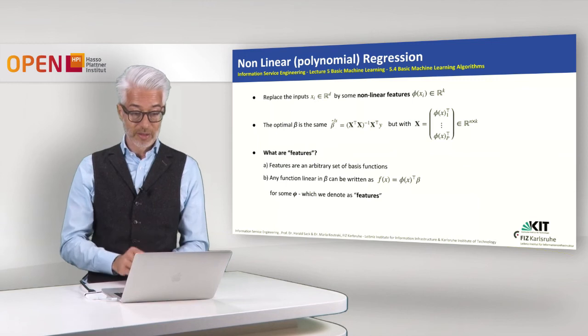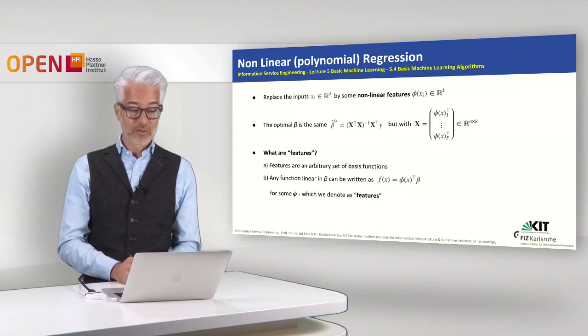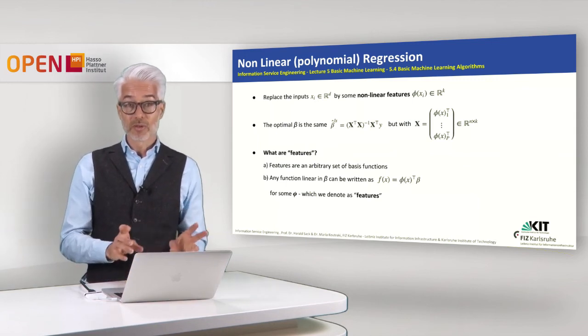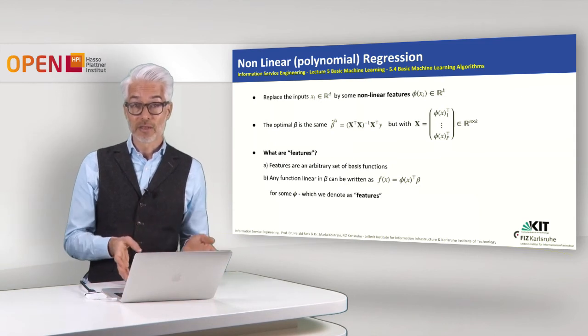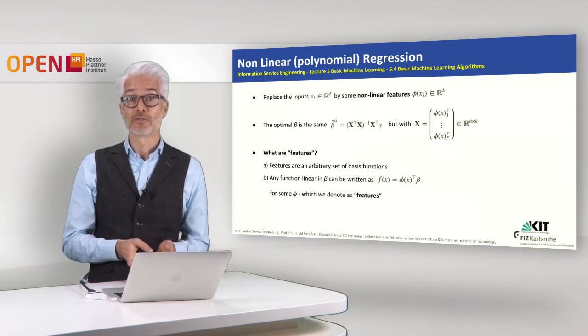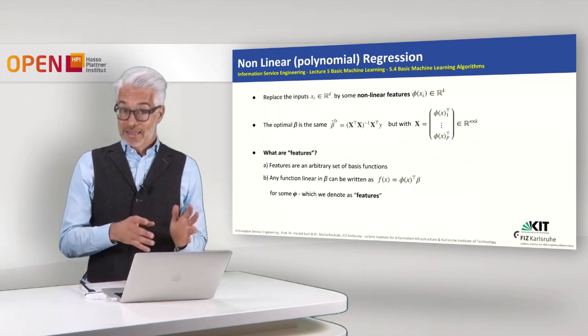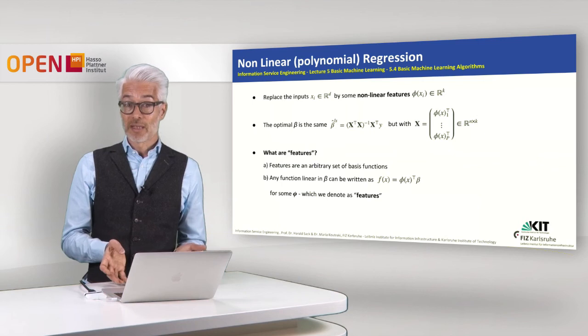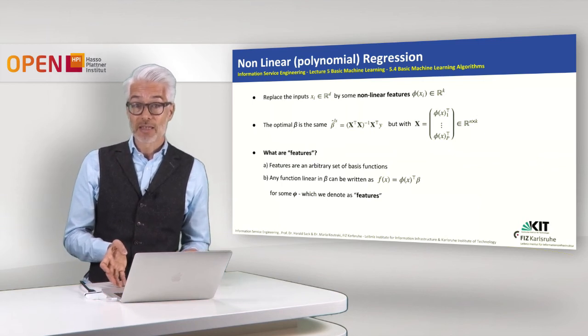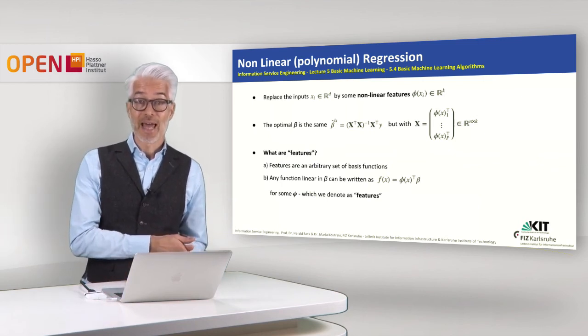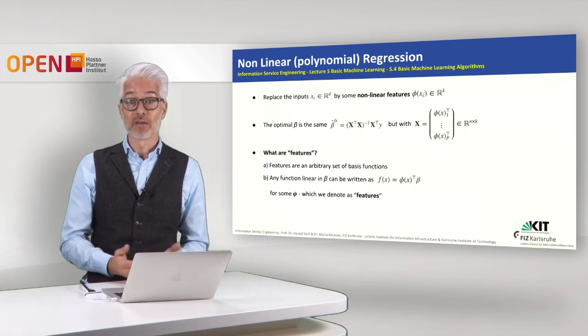Therefore, I'm telling you here a bit of the math of polynomial regression, which means what we could do is simply replace all the inputs of the linear regression with some nonlinear so-called features, phi of x. And then it's the same condition for optimality, so beta doesn't change. But of course, then you are not treating x, but a nonlinear feature, phi of x.